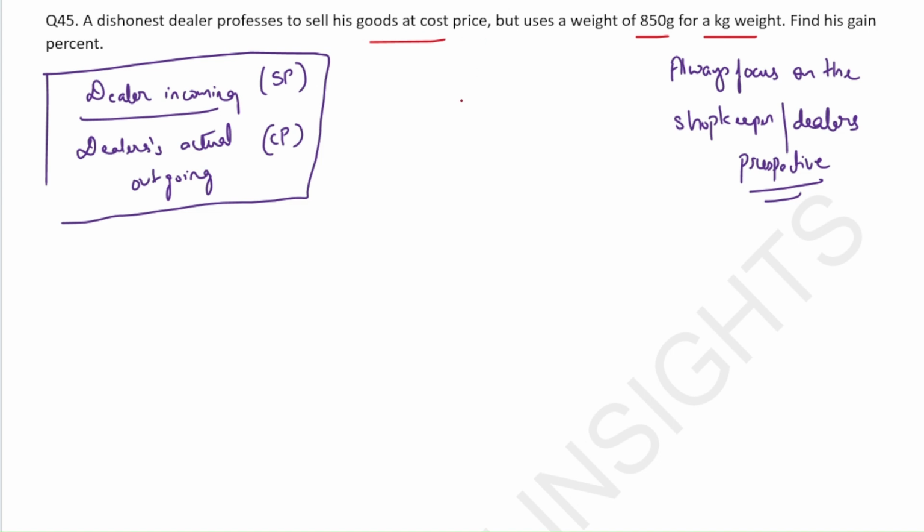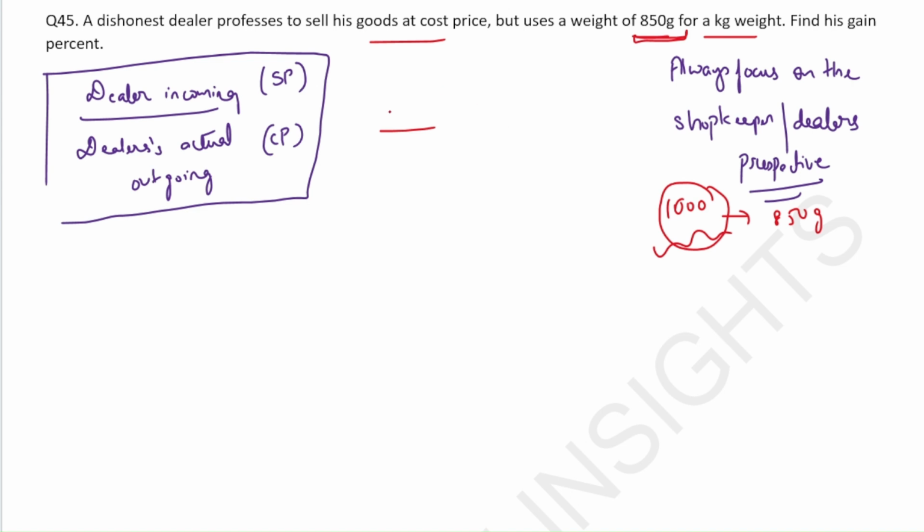But in actual, he is using 850 gram instead of a kg weight. So the actual weight is how much? 1000, right? But he is using only 850 gram. That means some extra amount he is getting. Yes or no? From here, he will get some extra amount.